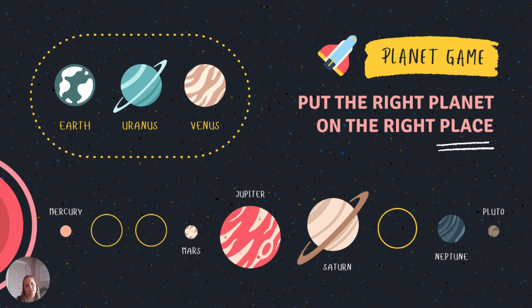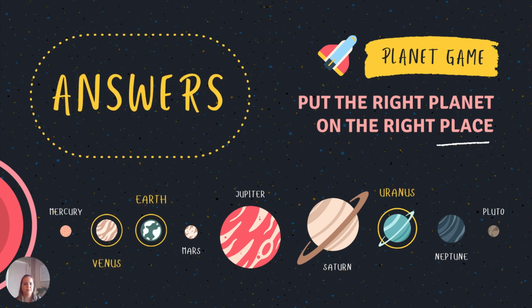All right, so this is a game that you can do to practice the order of the planets. I will quiz you on this throughout the semester on exams and quizzes. So try ordering the planets, and here would be your answers. You can play this on the slideshow on your own if you would like to practice.